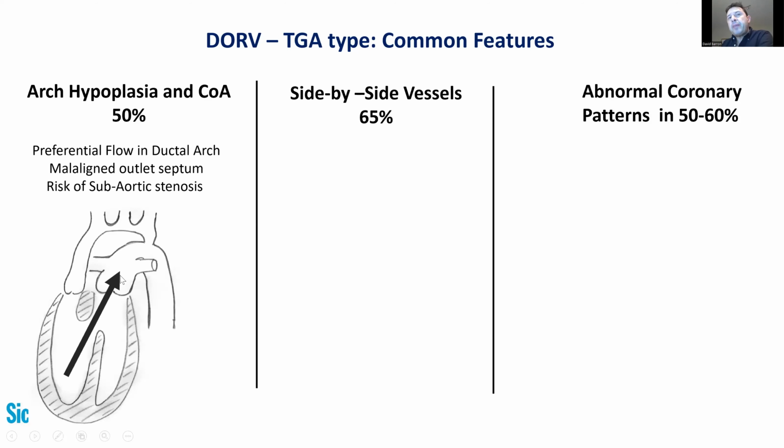And probably the morphological reason for that is that when you have this sort of lesion with a large subpulmonary VSD, then during fetal development, you're going to get very dominant flow through the VSD into the pulmonary artery. So you get a very large ductal arch and preferential flow throughout fetal development through the ductal arch of the pulmonary artery.